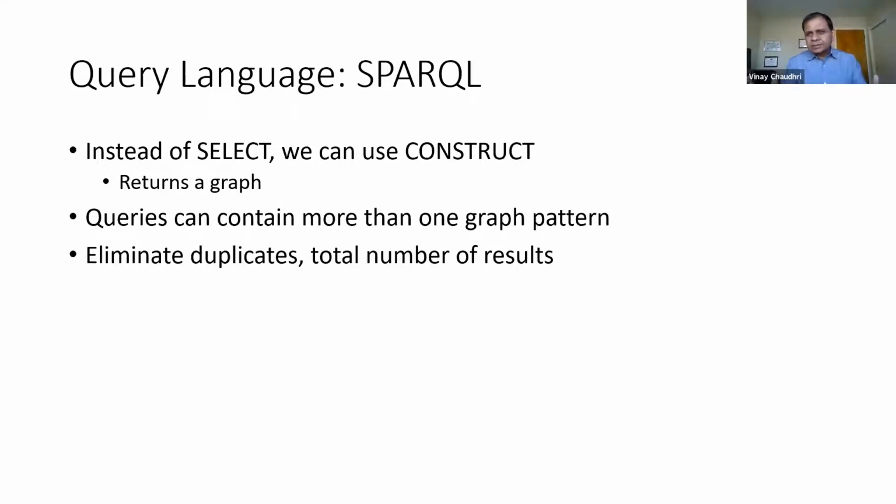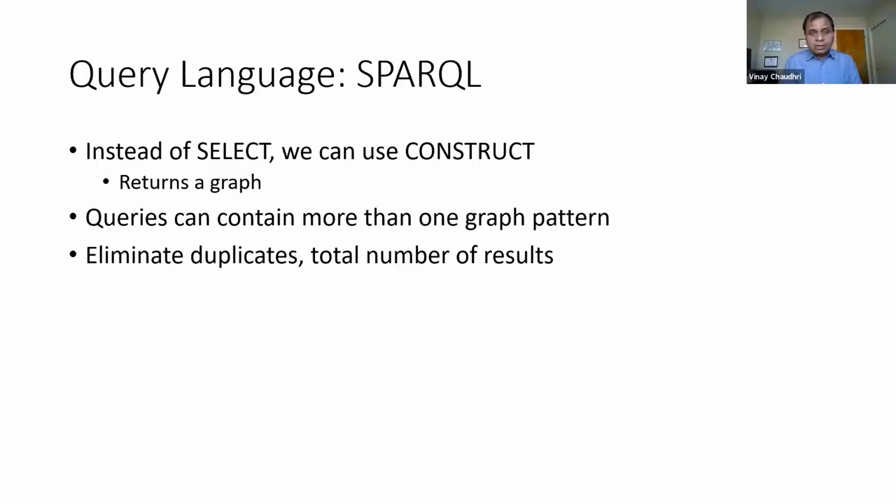So that was a quick few examples of the SPARQL query language. Instead of the select clause, queries can also be posed using a construct clause. When you pose queries using the construct clause, the result is not just a list of data items, but it could be a graph in itself, an RDF graph.